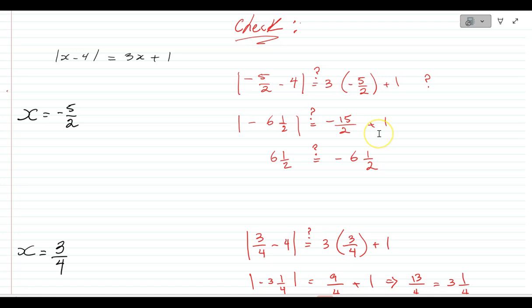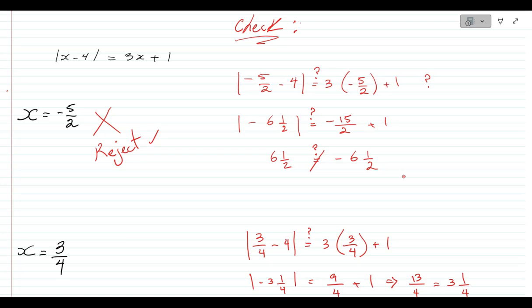But on the right-hand side, when you do negative 15/2 plus 1, that is actually negative 6.5. Well, a positive number is not equal to a negative number. So in this case, these are not equal to each other. Therefore, this is not a solution. You have to reject this solution.